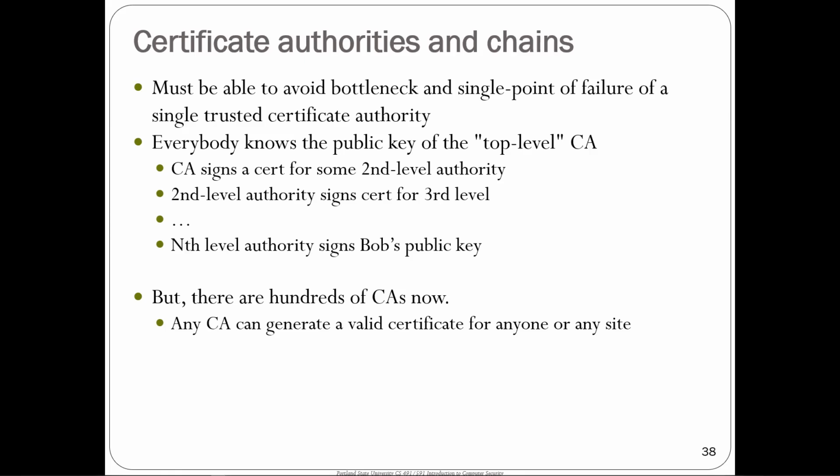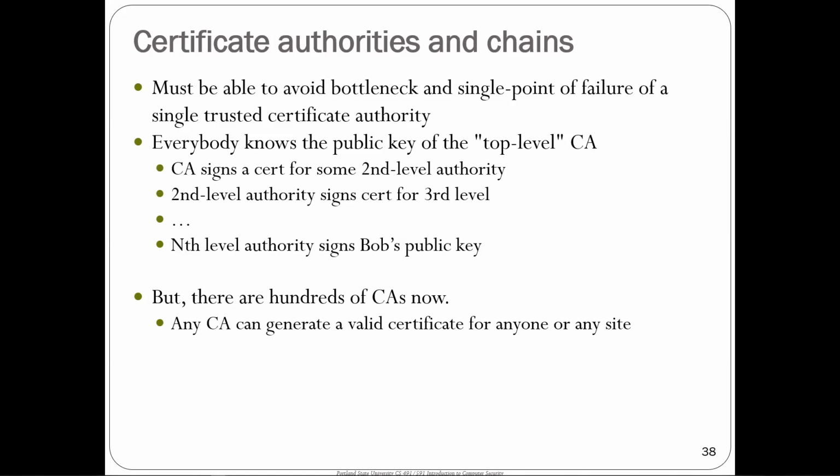Who vets the CA? Mozilla. Mozilla, and this is because Google doesn't want to be seen as controlling any of this. So typically Mozilla publishes a list and Google will follow. But yeah, this is a battleground actually.